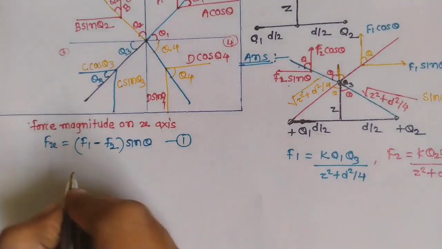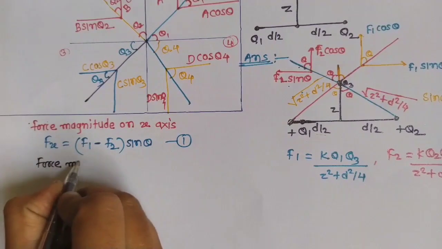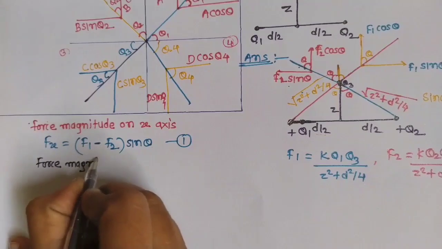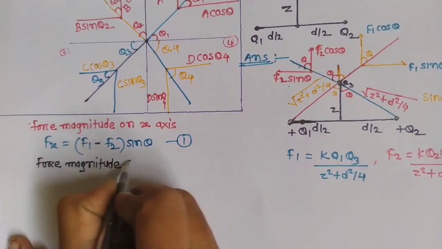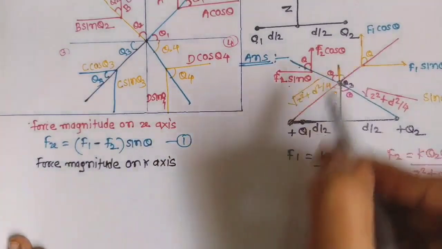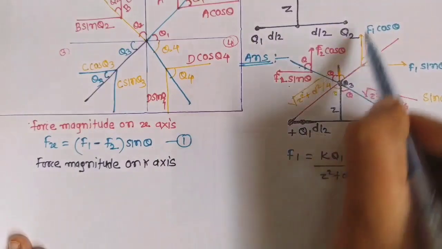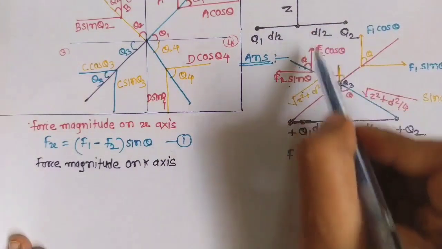Similarly, force magnitude on y-axis. On y-axis, both are in upward direction, f2 cos theta and f1 cos theta. Therefore, they both are positive.